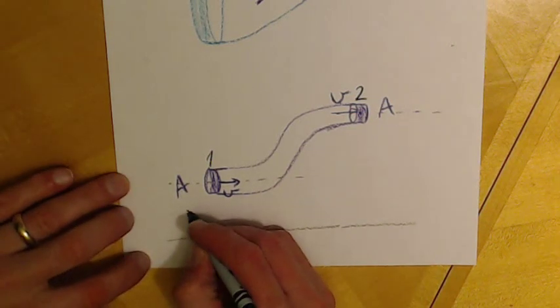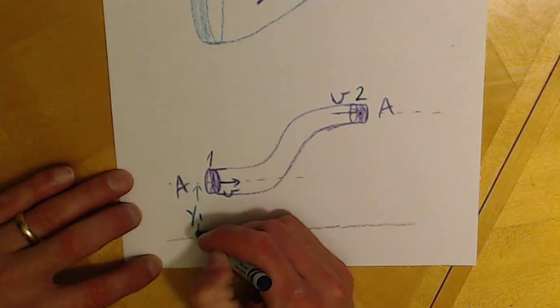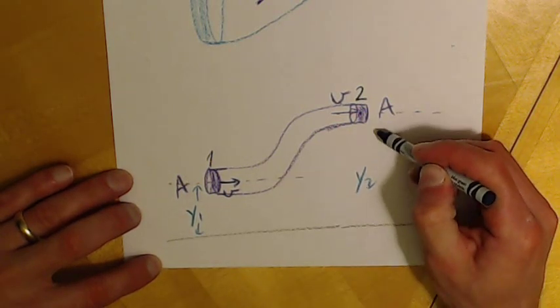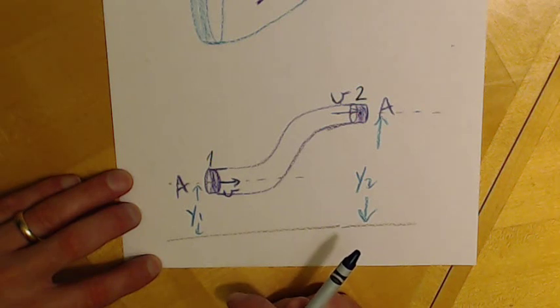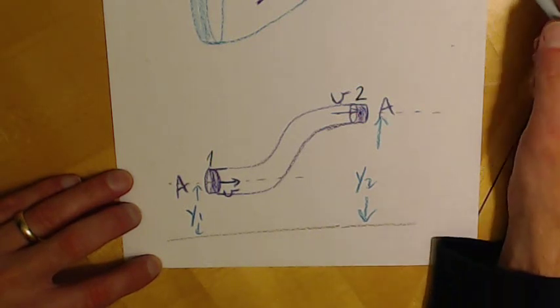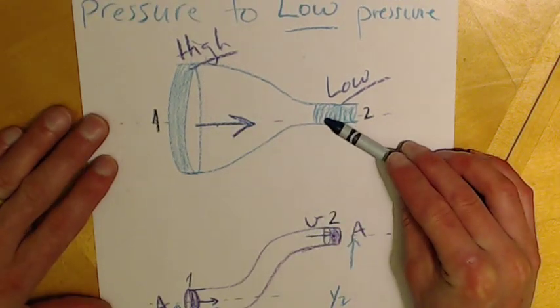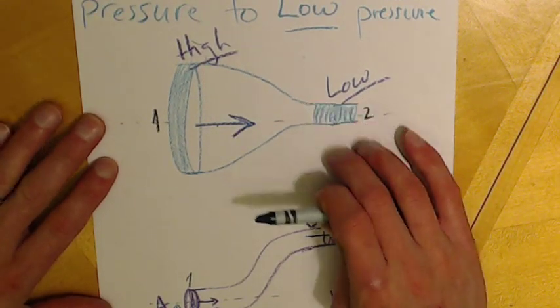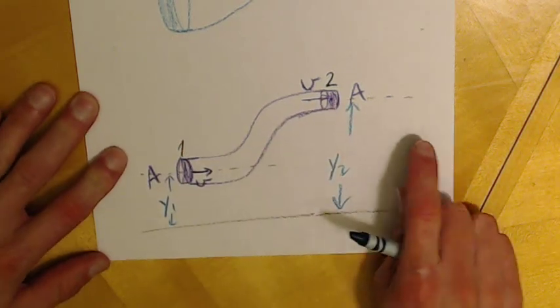So what is changing? Well, the potential energy. Here's y1 and here's y2. So here, velocity is increasing, but the height is not changing. Here, the velocity is not changing, but the height is increasing.